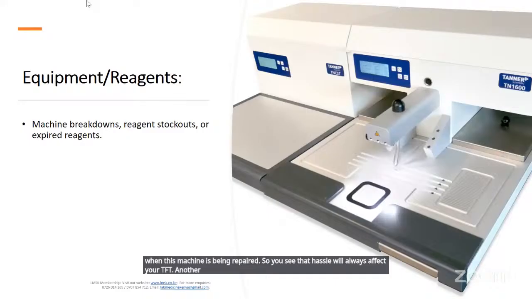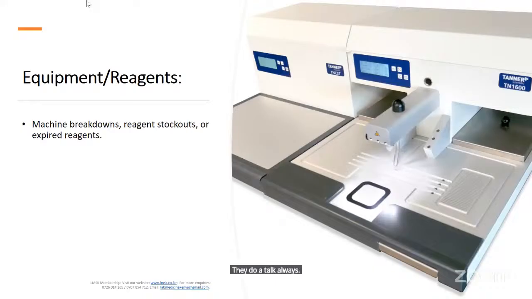Another thing is reagent stocks. Always monitor your stock to make sure that you have adequate stock to meet your needs. Don't wait till you're having only one container of xylene or alcohol before you start ordering, because for those of us working in institutions where due diligence has to be done through the supplies system, it will take a lot of time.